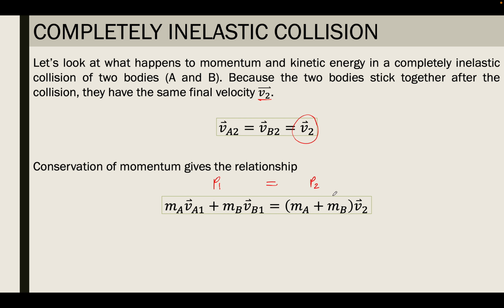On the initial momentum, we have mass of glider A times the initial velocity of glider A plus mass of glider B times the initial velocity of glider B is equal to, for the final momentum of the system, the sum of the two masses of gliders A and B times the final velocity v sub 2, instead of having v sub A2 and v sub B2.